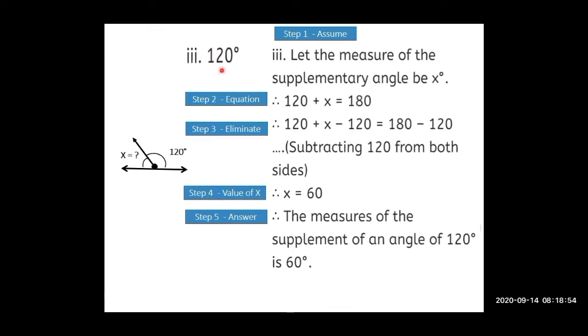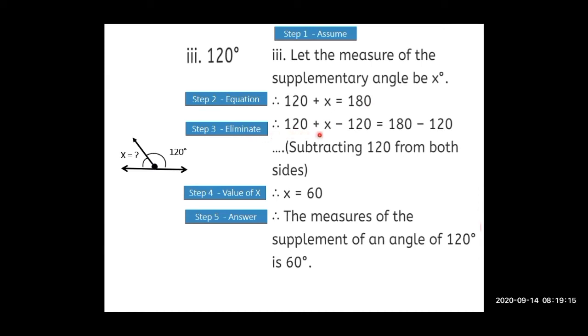Next is 120 degrees. Draw the rough diagram. The first step is assume. Let the measure of the supplementary angle be x degrees. Step 2, equation: 120 plus x equals 180. Step 3, elimination.